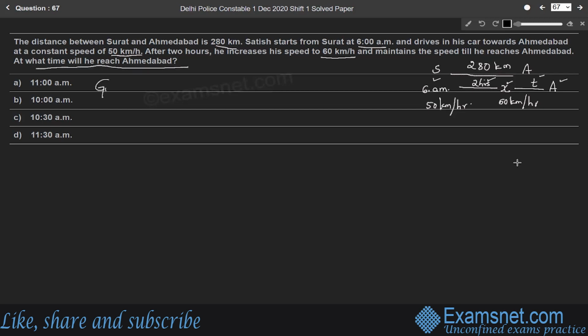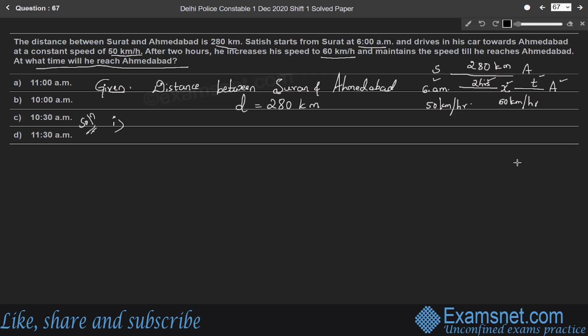So given, the distance between Surat and Ahmedabad, D is equal to 280 kilometers.